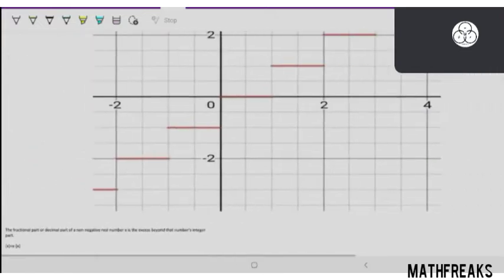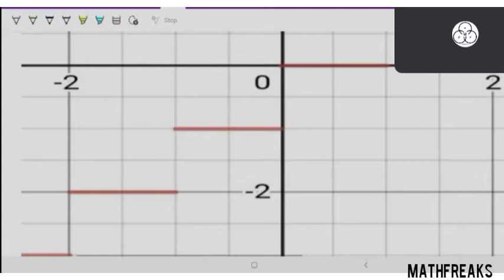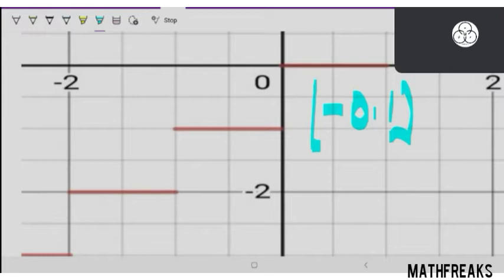Graph of the greatest integer function in the case when it is negative. Any value, say -0.1, this will be what? -1. Just now we have seen the cases. So for any value in this region, here this point is discontinuous, again here this point is discontinuous.